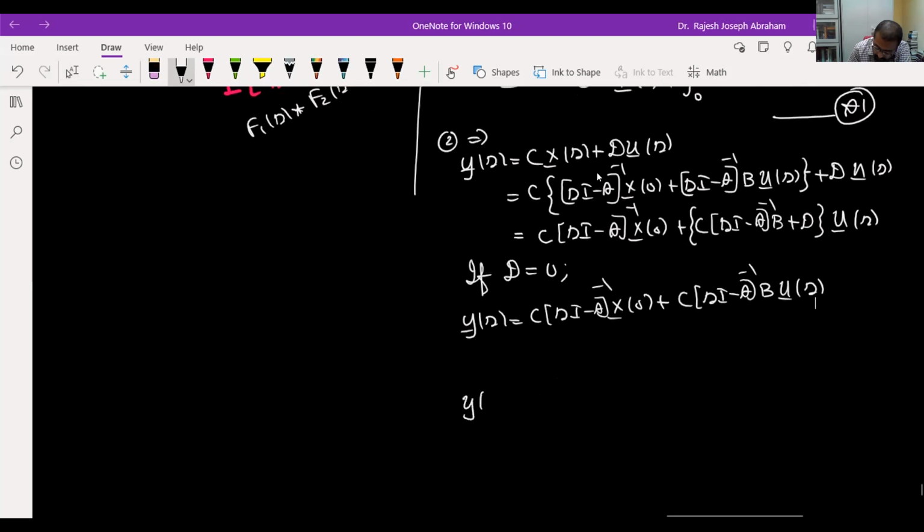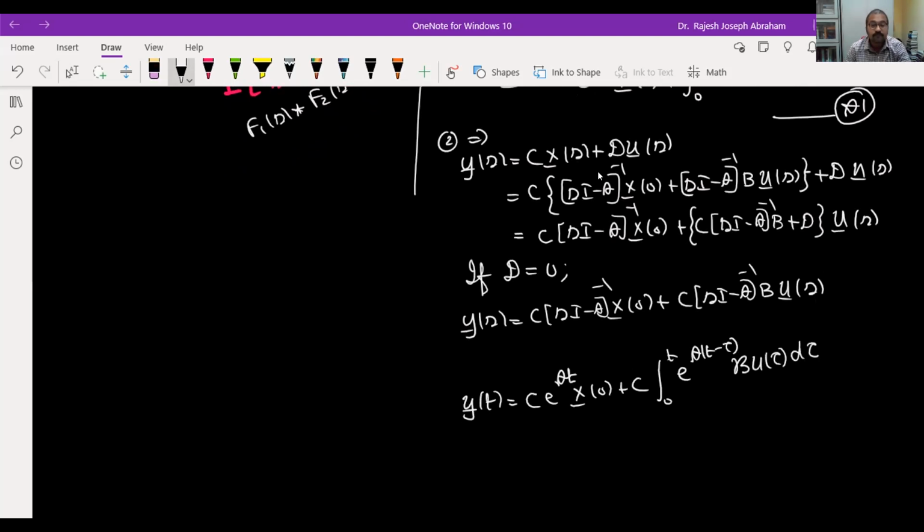How will you find y of t from y of s? Inverse Laplace transform. So what will you get? You will get C into e raised to at into x naught plus C into the integral from 0 to t of e raised to a(t minus tau) B u(tau) d tau. This is the output response, the output as a function of time t.